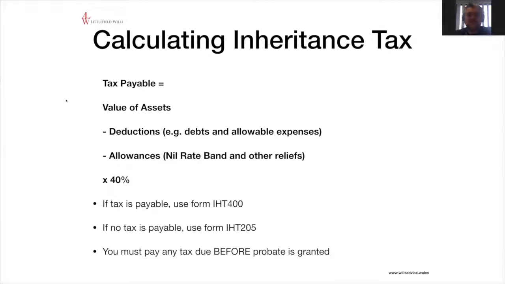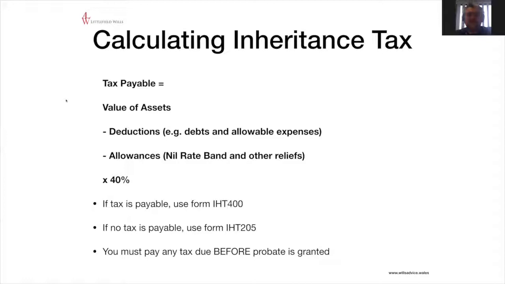So just to repeat what I've said before, in order to calculate the tax, you need to get the gross value of the estate, which means you need to go through all the assets, work out the value of those assets, and tot it up. That gives you your gross value. Then you deduct the debts and allowable expenses, as I explained before. You deduct the allowances, the nil rate band, and other relief.